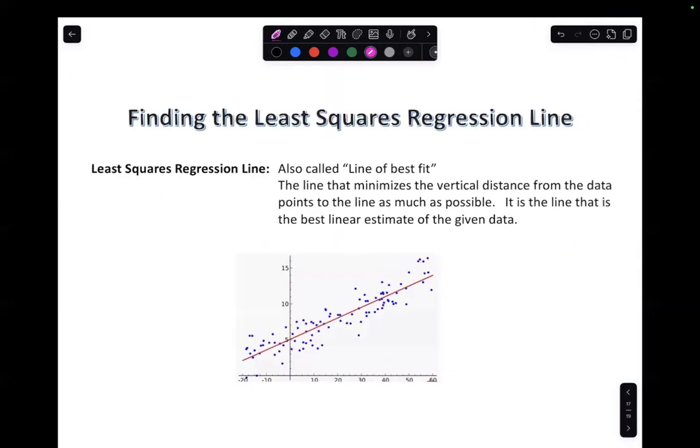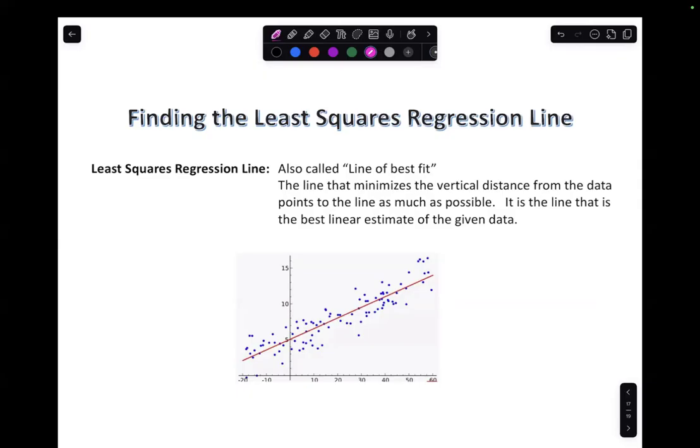All right. We've already kind of done this, so we're going to go through this fast. The least squares regression line is also called the line of best fit. I'd usually just call it a line of best fit, but the official term is least squares regression line. It is the line that goes through the data that best fits the data. It minimizes the vertical distance between the data points and the line.